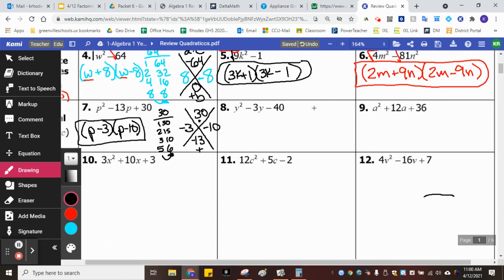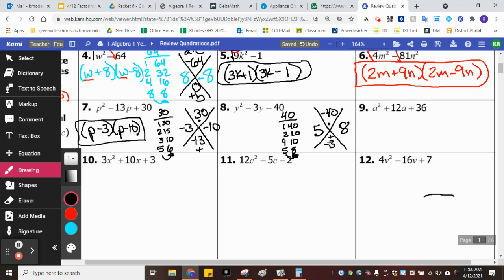All right, what multiplies to negative 40 and adds to negative 3? If you don't know, make your list. 1 and 40, 2 and 20, 3 doesn't go into it, 4 and 10, 5 and 8, 6 doesn't work, and 7 doesn't work. Next number I'd try would be 8. So 5 and 8 subtract to give you 3.